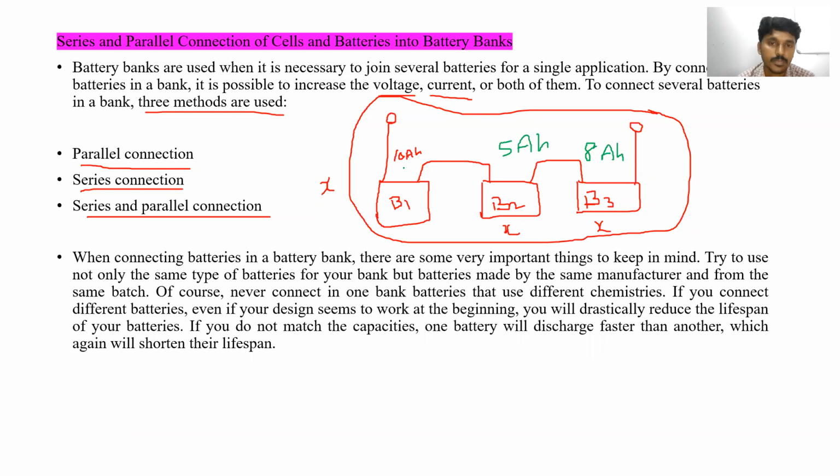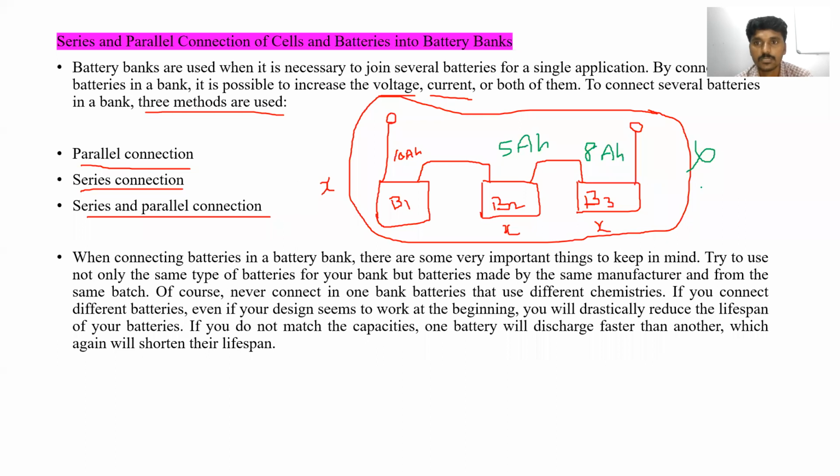The capacity of the first battery is 10 ampere hours, the second battery is 5 ampere hours, and the third battery is 8 ampere hours, and these three different capacities are connected in a battery bank. So it is not a good choice.